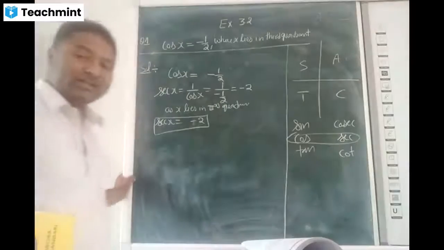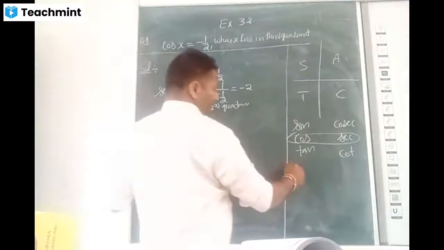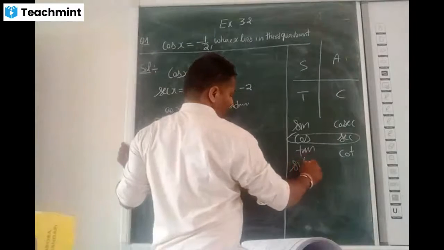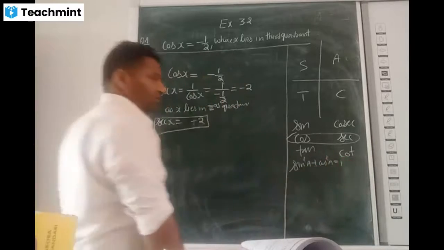To get the other values, we know one formula: sine square a plus cos square a is equal to 1.